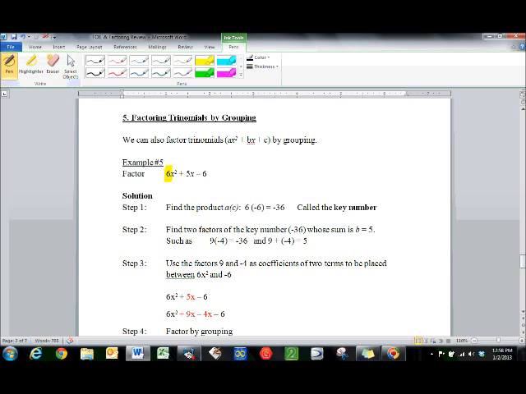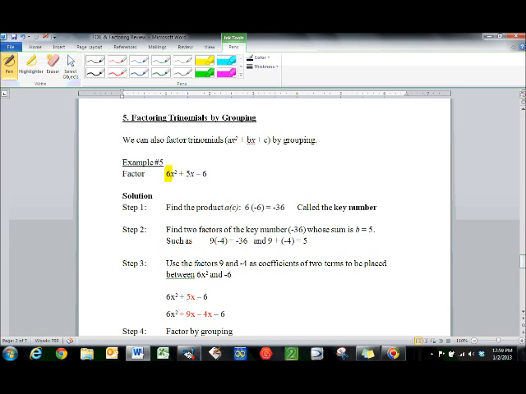When we were factoring trinomials with a leading coefficient of 1, we were only dealing with the outside constant term as far as finding the pairs of numbers needed to factor it. Well, now we are going to have to deal with both the 6 in front of the x squared and the negative 6 as the constant.